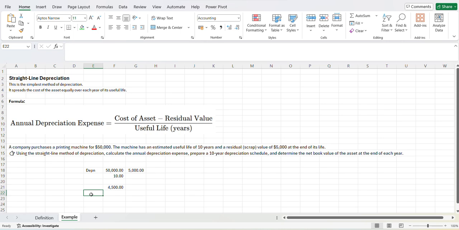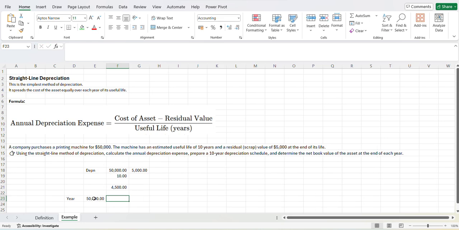So let's look at the cost. Okay, year 1. At the beginning of year 1, the value was 50,000. And then during the year there is depreciation of 4,500.